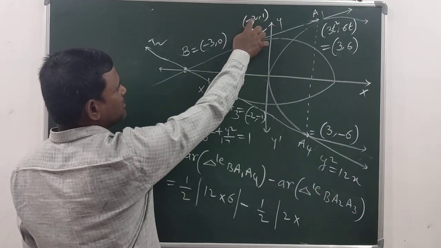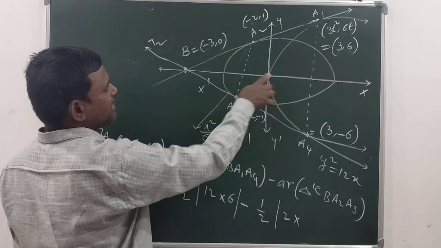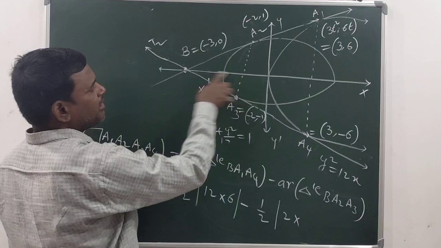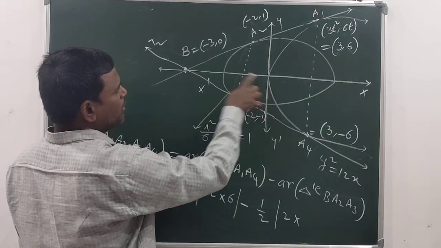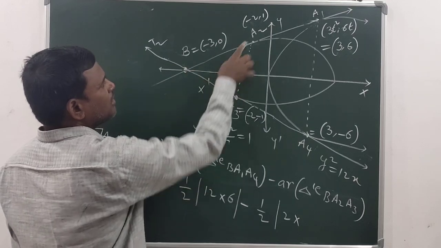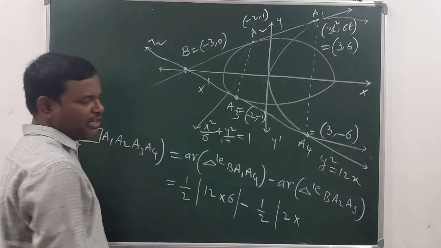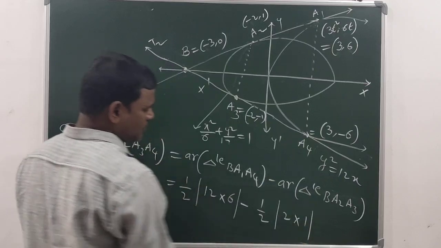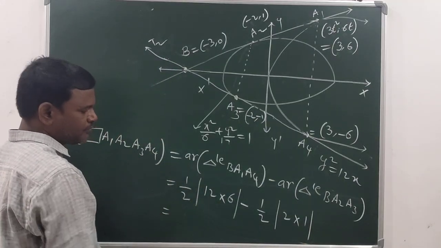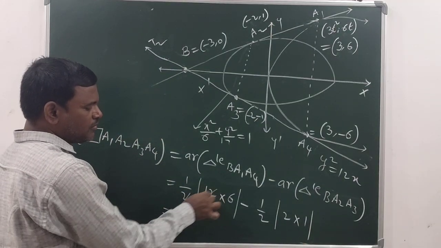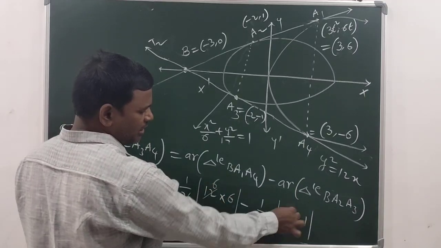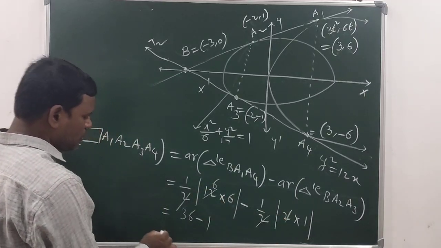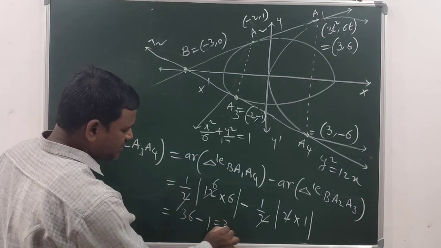So subtract this 2 from this 3. So then this will be 1. So from here to here 3. From here to here 2. I want this length. Hence 2 must be subtracted from 3. It is going to be 1. Now simplify. So 2 ones are 2, 6 sixes are 36 minus, so cancel 1. So which is equal to 35 square units.